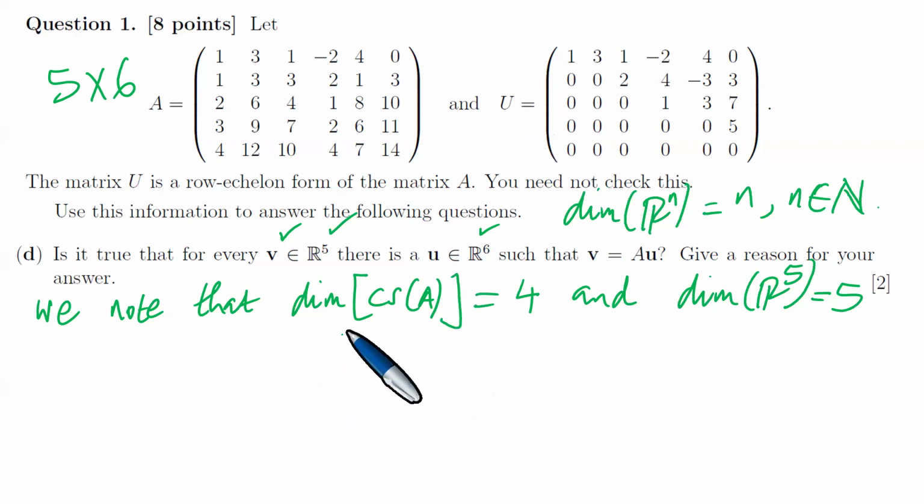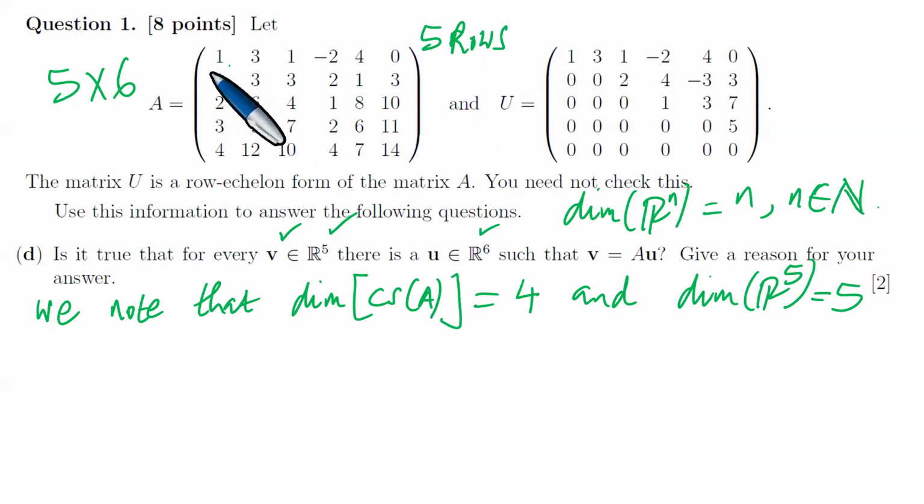We saw that. And why have we been mentioning these things here? We are mentioning these things because we take note of the fact that the matrix A itself has 5 rows.